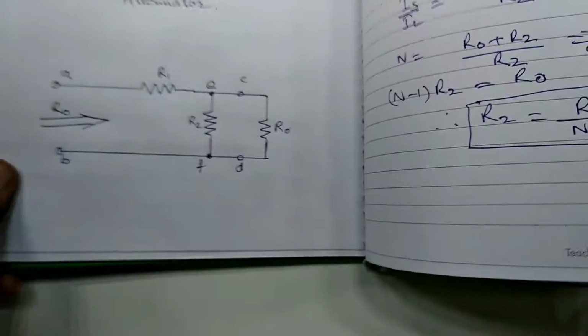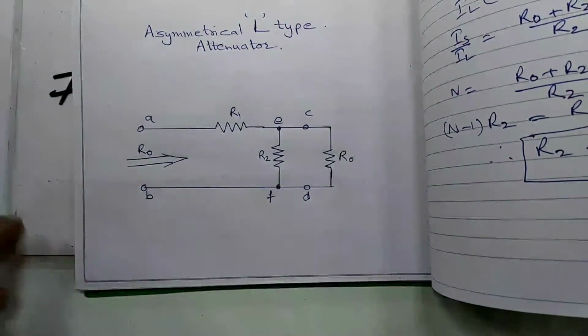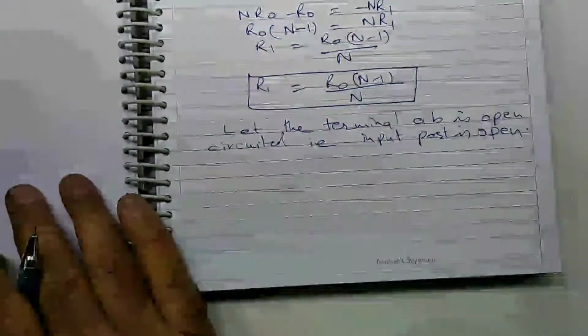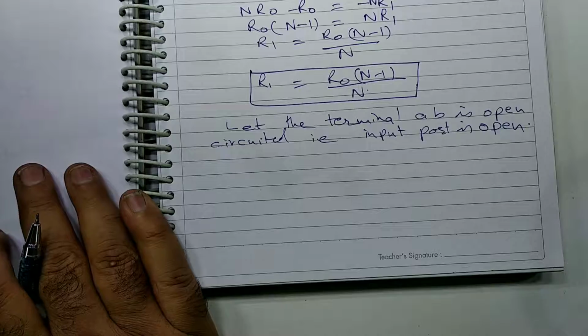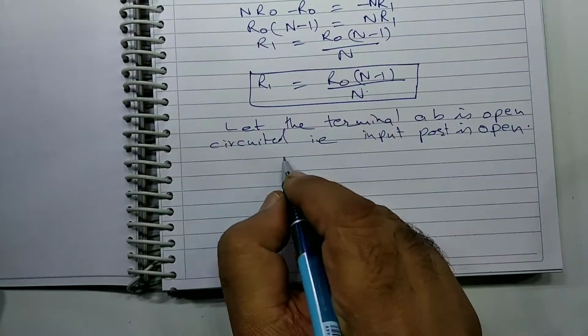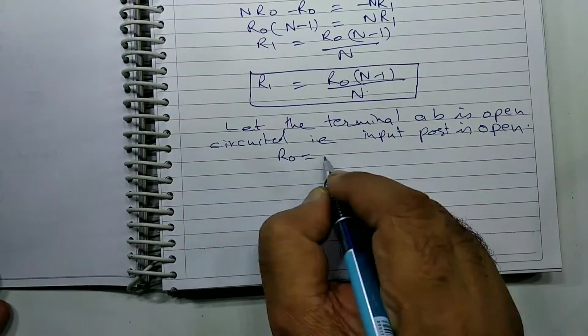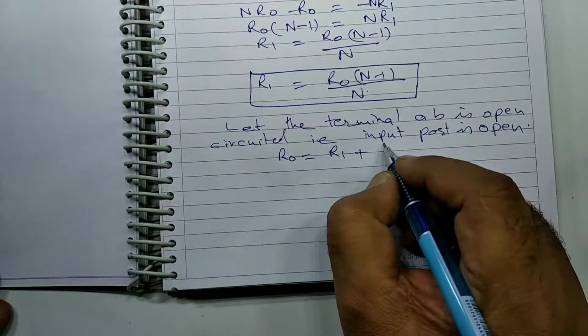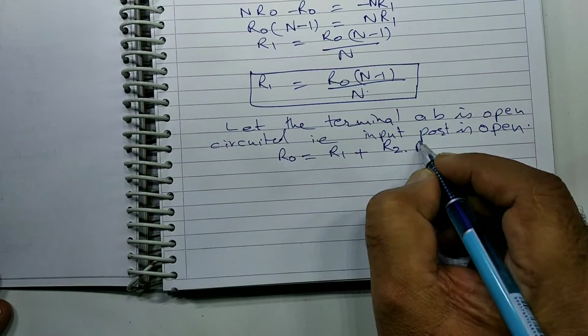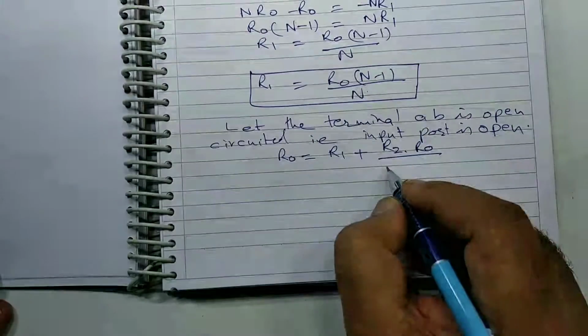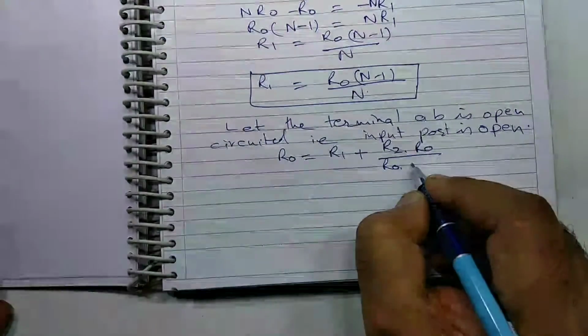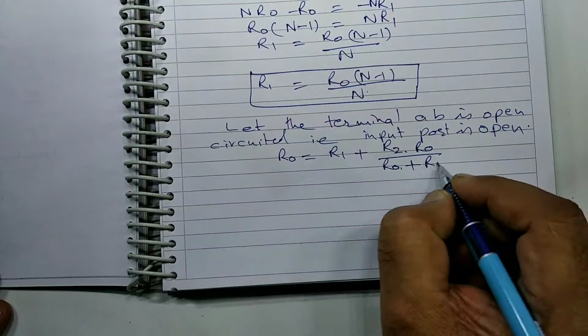The input port is open. Then we get Ro is equal to R1 plus R2 into Ro upon R2 plus Ro.